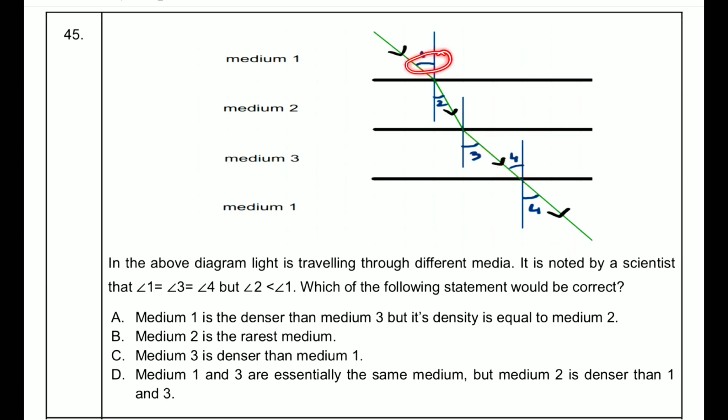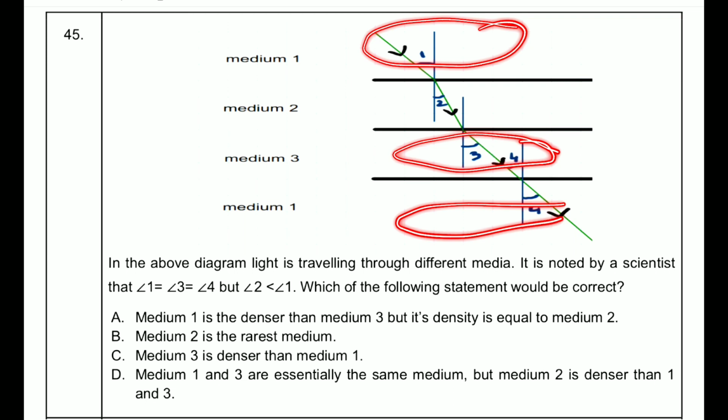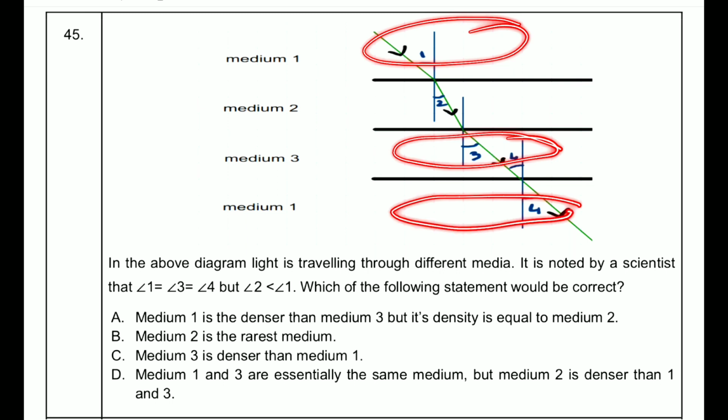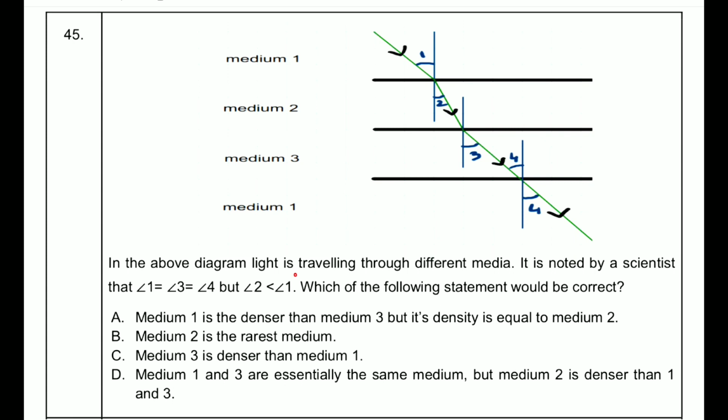So what it means, if the angles are the same, is that these mediums are of similar nature, right? So medium 1, medium 3 and medium back to 1, these three mediums are of similar nature, but angle 2 is less than angle 1.